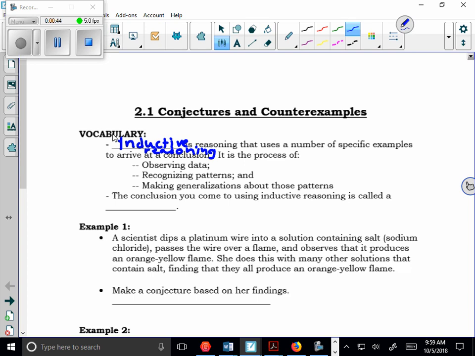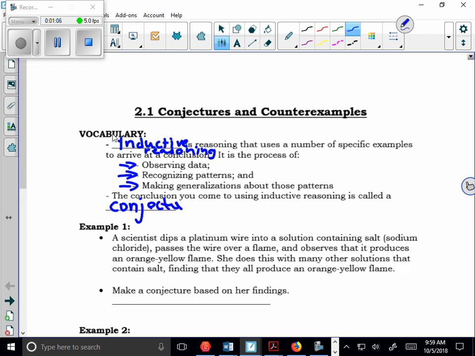You might do this in other classes, in science classes, anything where you're coming up with a conclusion at the end. My steps to do it: I observe data, I recognize patterns, and then I make a generalization about those patterns. The conclusion that I'm coming to using this inductive reasoning is called a conjecture.